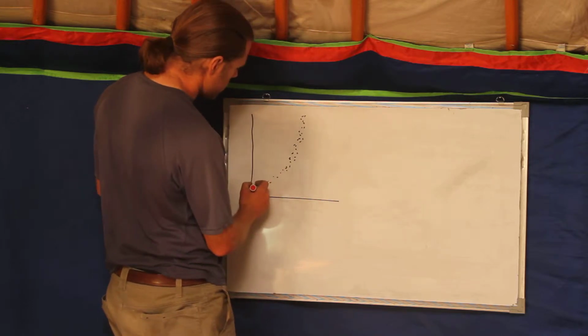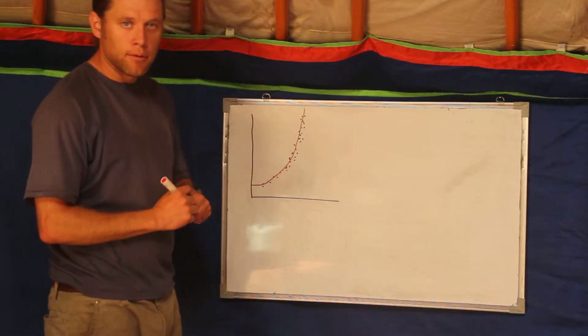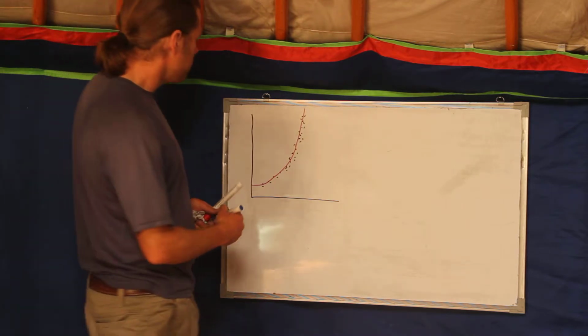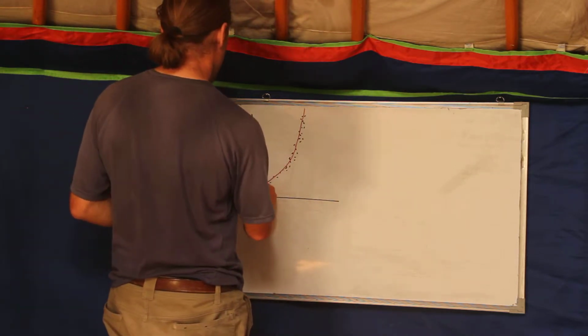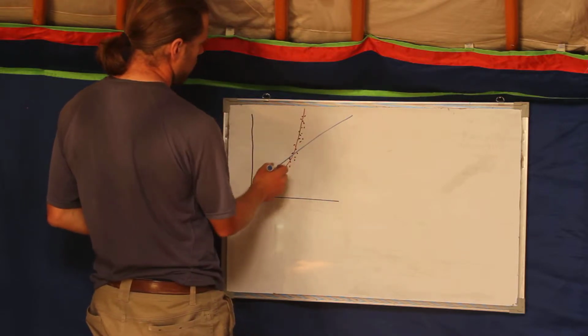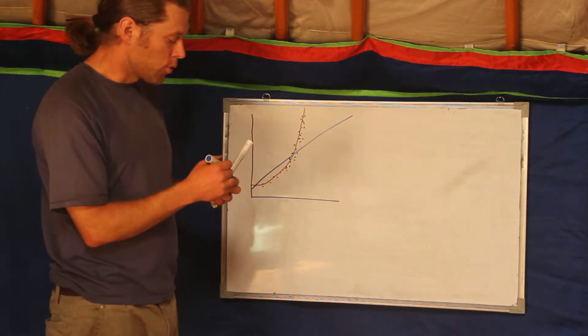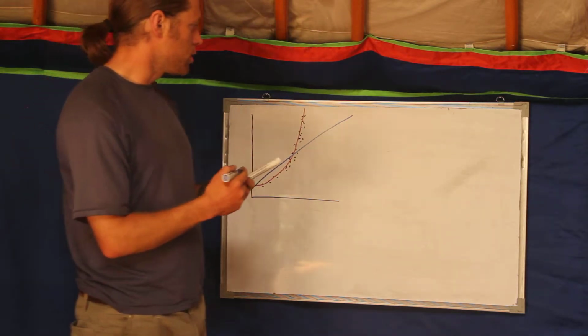And a curve that looks like this. If you try to fit a line to that, the best fitting line you could fit would maybe look something like that, which is not good here and not good here. You can't fit a good line to it, right? So what do you do in this type of situation?